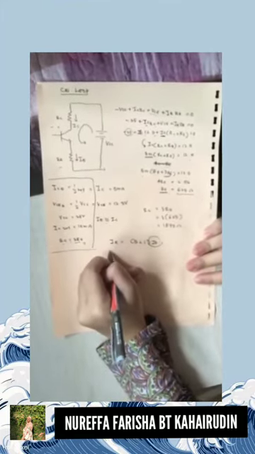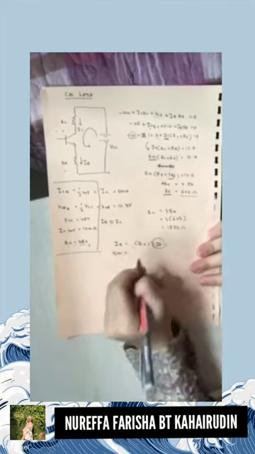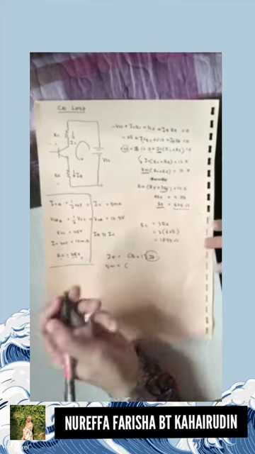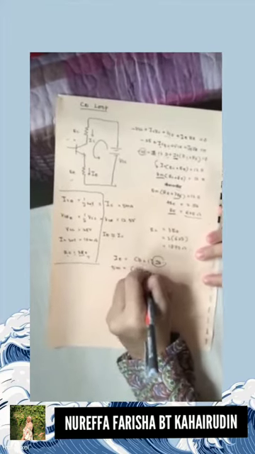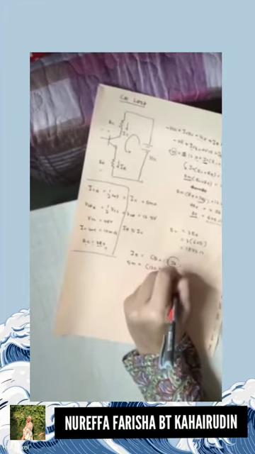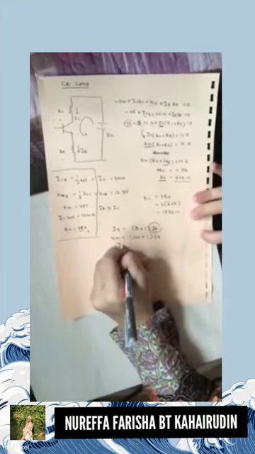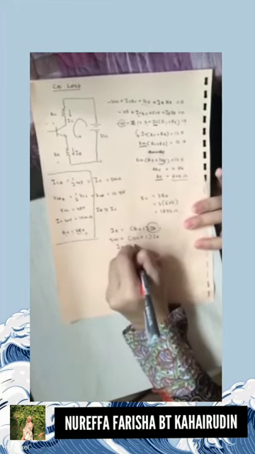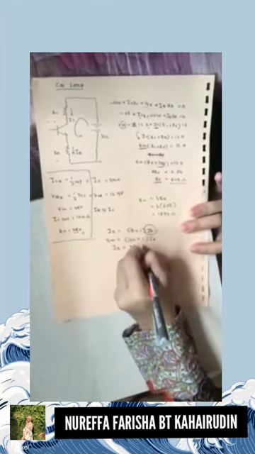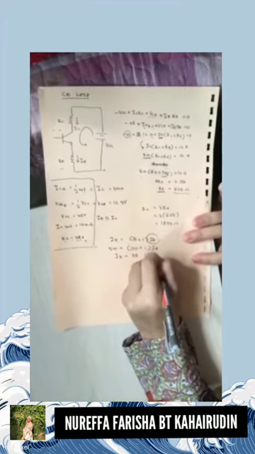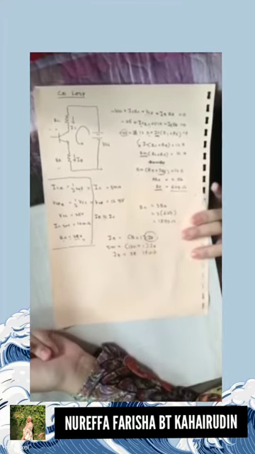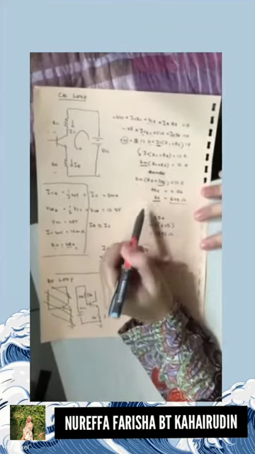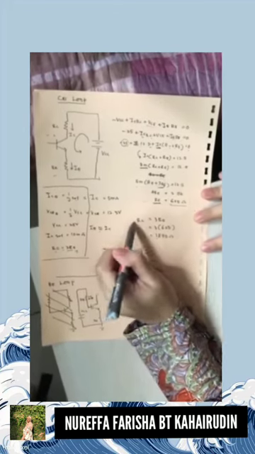Substitute the value 5 milli equals beta, where beta given is 130, plus 1, times IB, and IB equals 38.17 microampere. Okay, done. So we get RE and RC, and now find the RB.